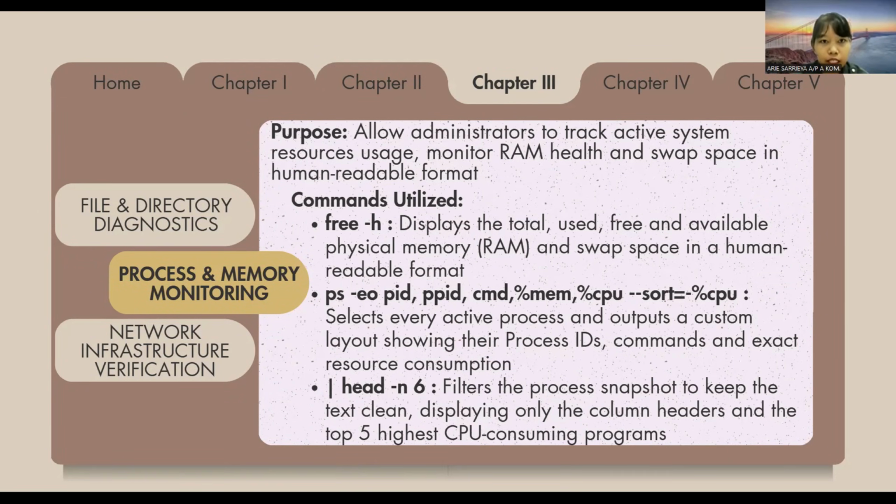And ps -eo pid,ppid,cmd,%mem,%cpu --sort=-%cpu is meant to select every active process and output a custom layout showing their process IDs, command and resource consumption. For the head -n 6, it is to filter the process snapshot to keep the text clean, displaying only the column headers and the top 5 highest CPU consuming programs.